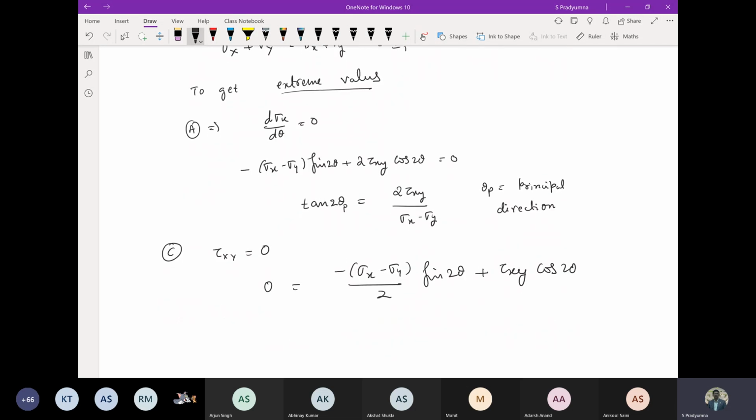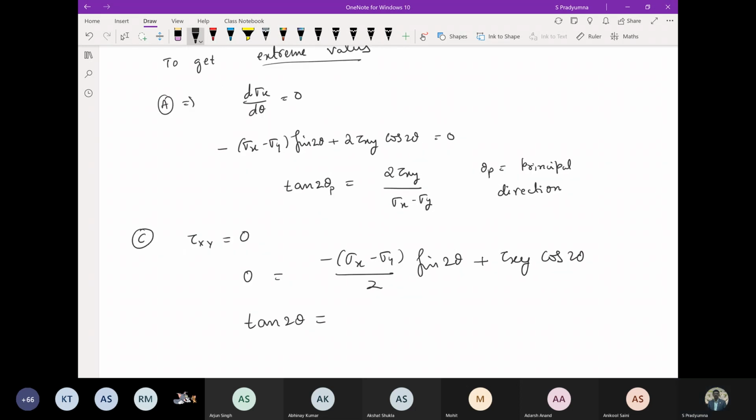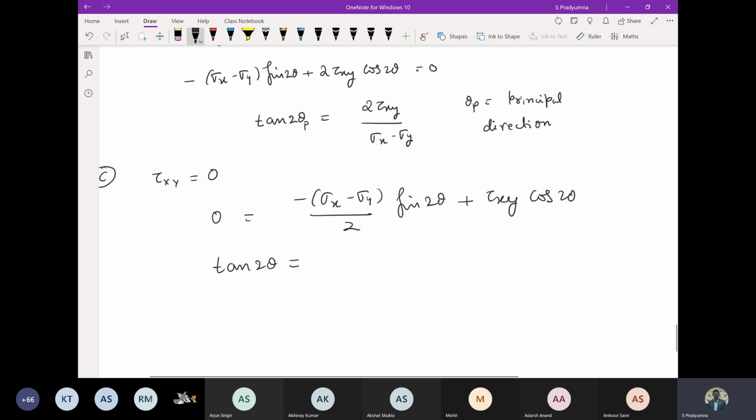So tan 2 theta is equal to 2 tau xy by sigma x minus sigma y. So here also theta can be replaced with theta p. That means whenever the shear stress on a plane is equal to 0, I get the same direction, that is the principal direction.